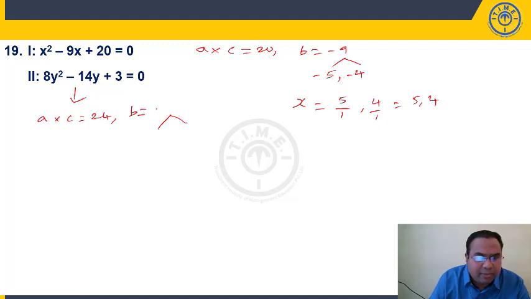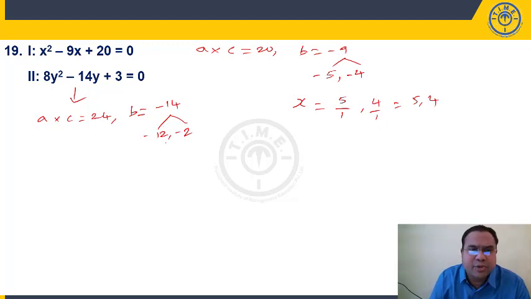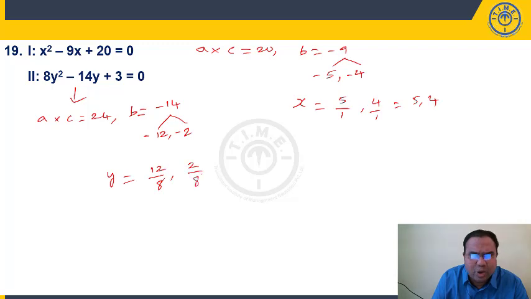Minus 14. Right, so 12 and 2, but I should get minus 14, so minus 12 minus 2. Minus 12 minus 2 is minus 14, minus 12 into minus 2 is plus 24. So while writing the roots, we have to change the sign. 12 by 8, comma 2 by 8. 2 by 8 is how much? 1 by 4. And 12 by 8 is how much? 3 by 2. Right, so what are y roots? 3 by 2, comma 1 by 4.